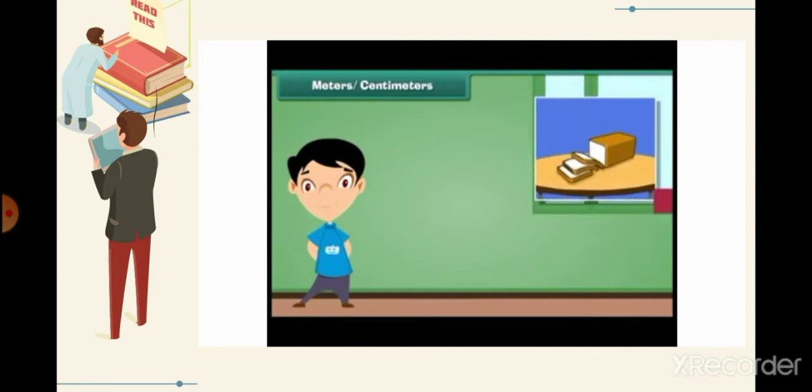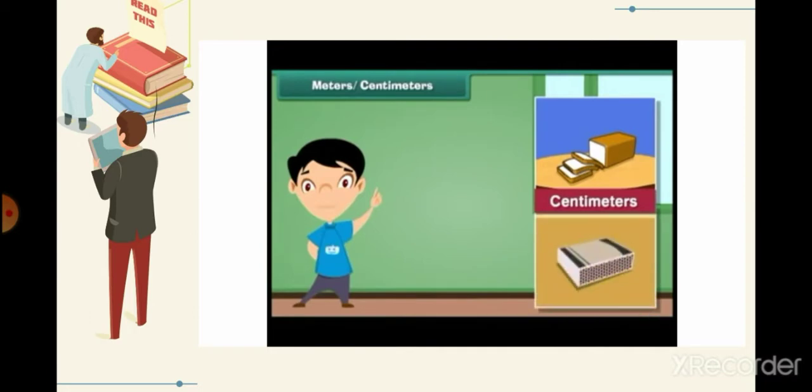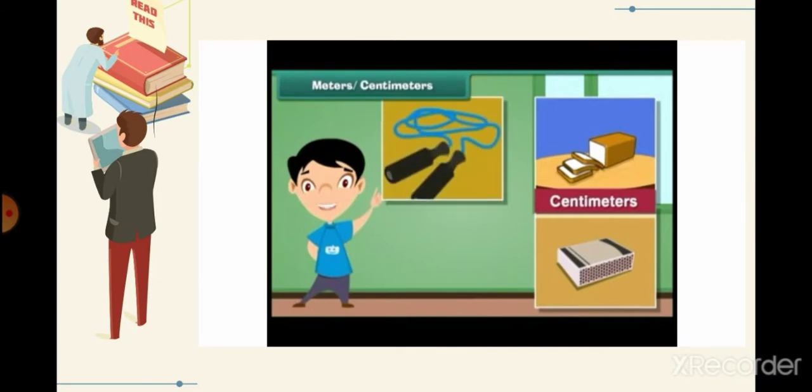Let us compare the length of various things. Some of the objects have their length in meters, while others have their length in centimeters. So a bread loaf is expressed in centimeters, a matchbox is also expressed in centimeters.